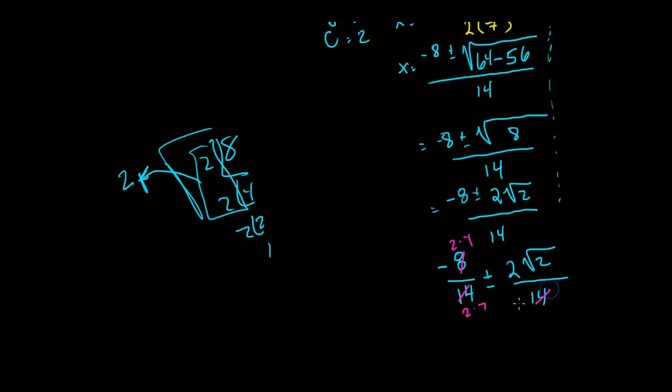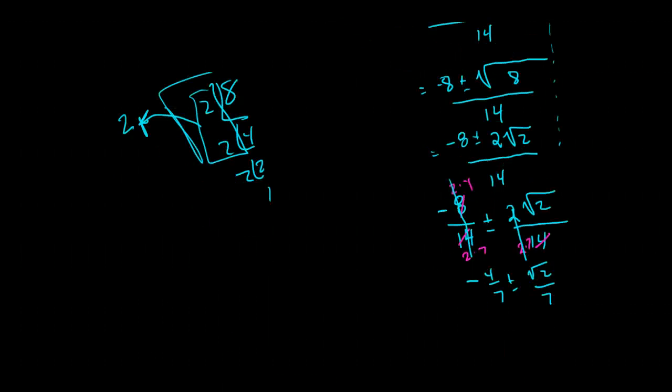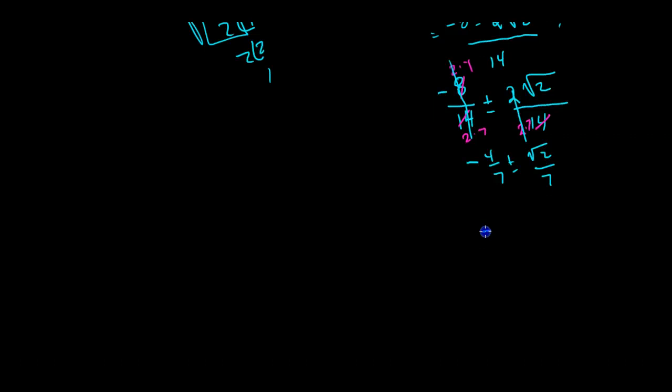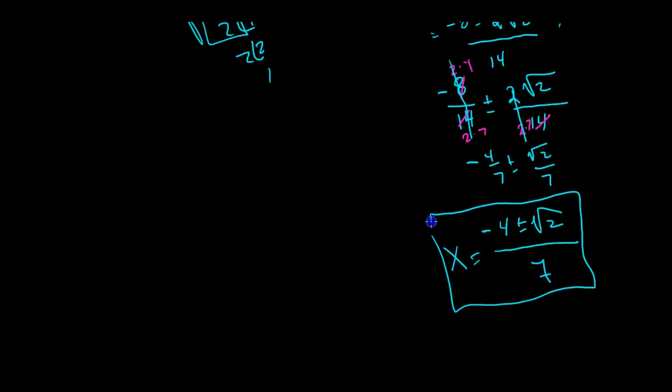And again, 14 is 2 times 7. And here, when we look at it this way, 2 over 2 cancels to a negative 4 over 7 plus or minus. 2's again cancel to just the radical 2 over 7. And we can recompose that if we wanted to be the opposite of 4 plus or minus radical 2 all over 7. Your answer is not complete until you are that simplified.